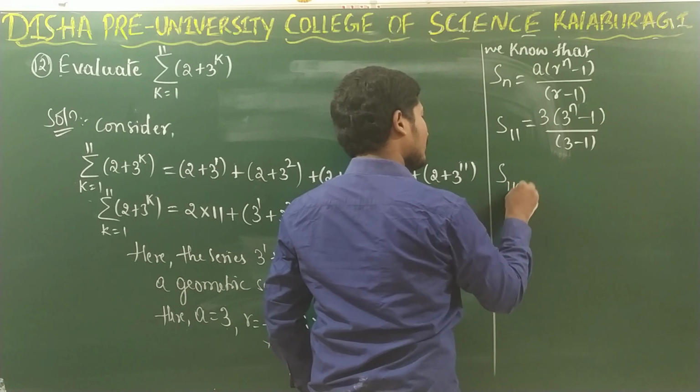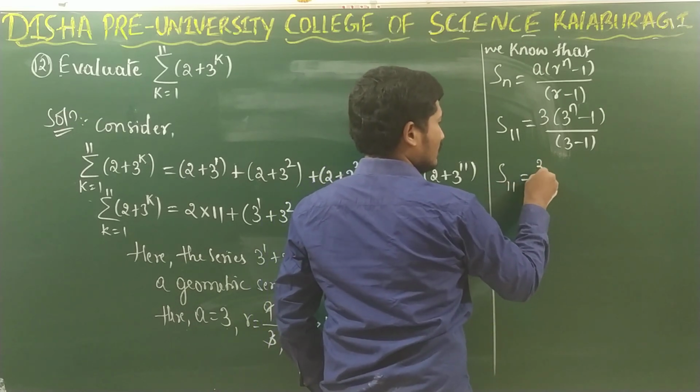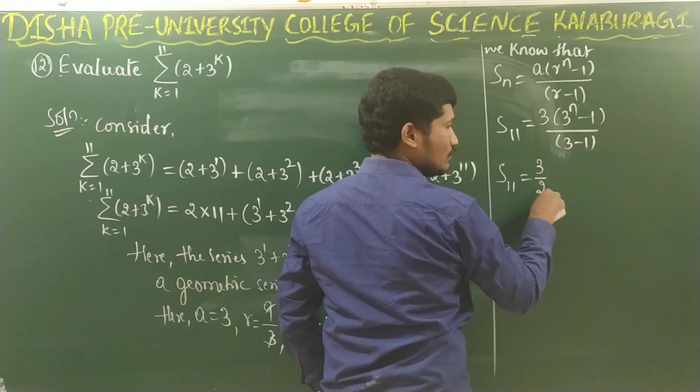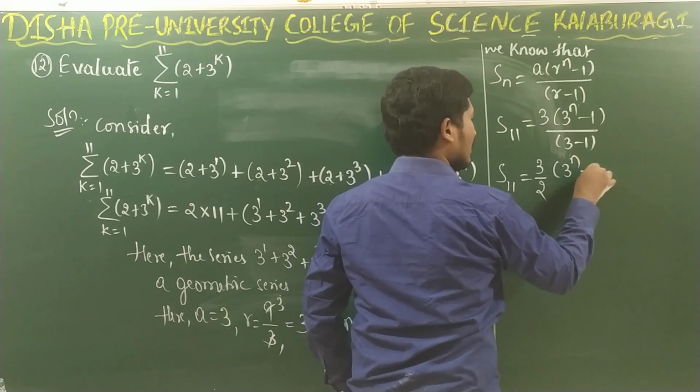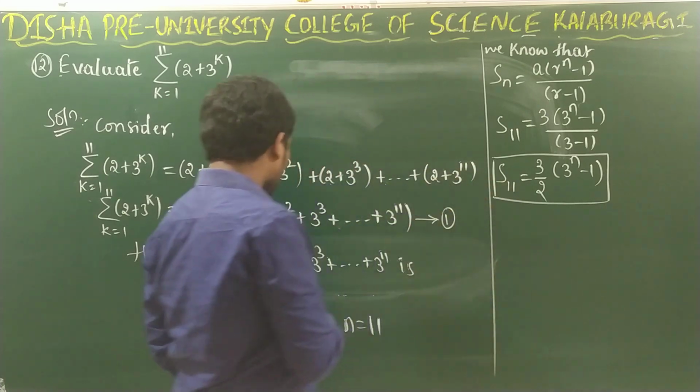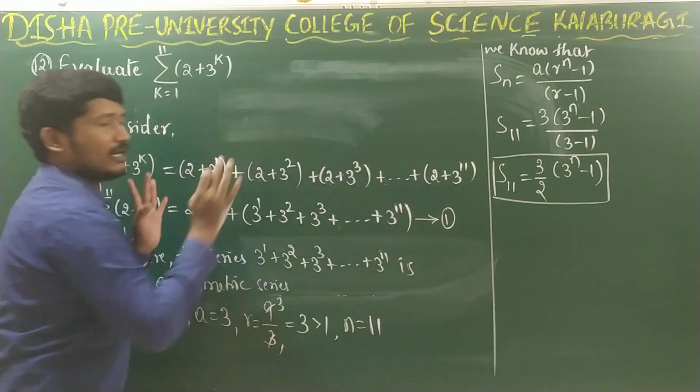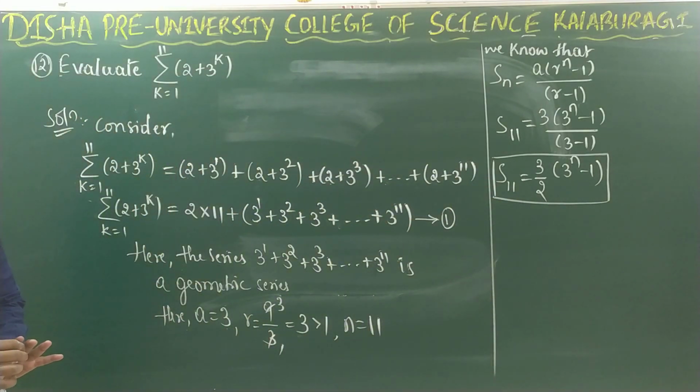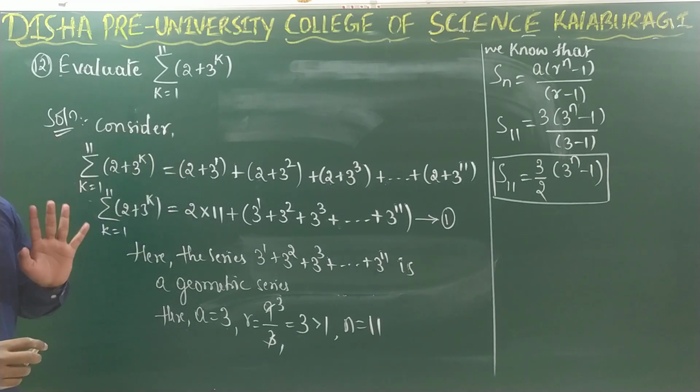Right? So S11 is equal to 3 divided by 3 minus 1, which is 2, into 3 power 11 minus 1. So this is the sum to 11 terms of this geometric series. So I hope you understood this, right?